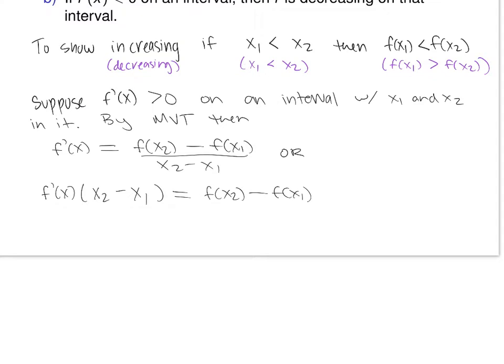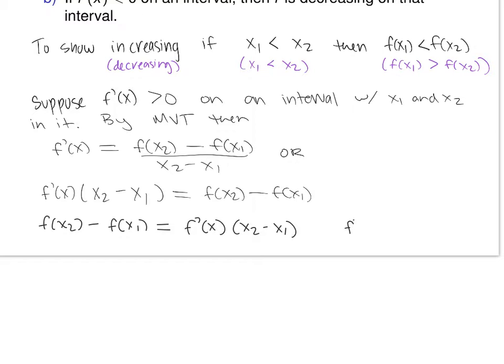I'm just going to rewrite that as f of x2 minus f of x1 is equal to f prime of x times x2 minus x1.